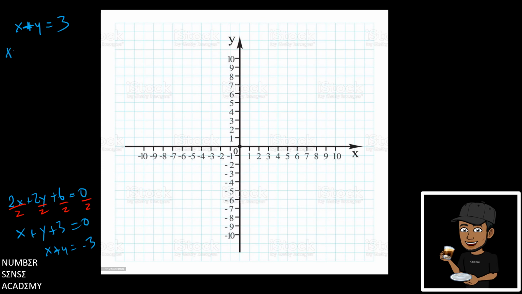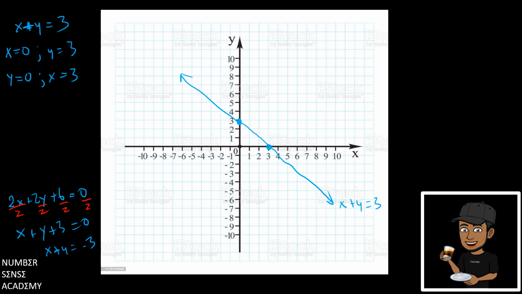When x is equal to 0 here, y is equal to 3, and when y is equal to 0, x is equal to 3. So let's put that on the graph. X is 0, y is 3. Y is 0, x is 3, right there. We'll connect, and this is x plus y equals 3.